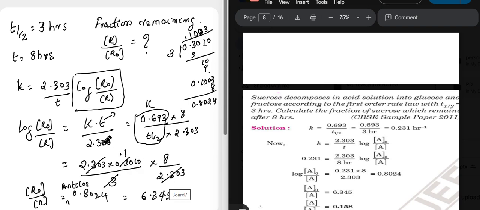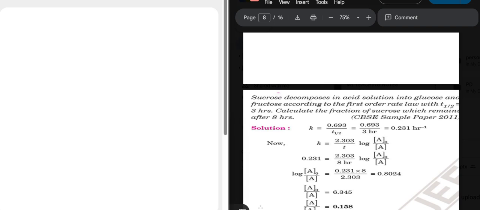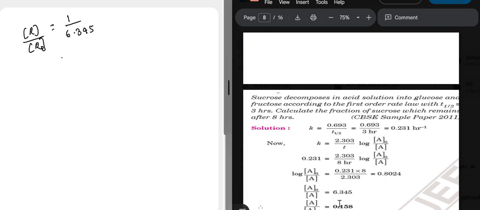Reciprocal means 1 by 6.345, so that answer we will be getting as 0.158. So this is the way to calculate fraction left after a given time. R by R0 you have to calculate. Anti-logarithm part, you don't worry, in the question it will be given to you.